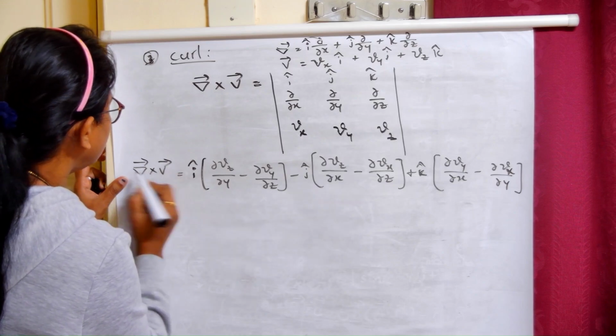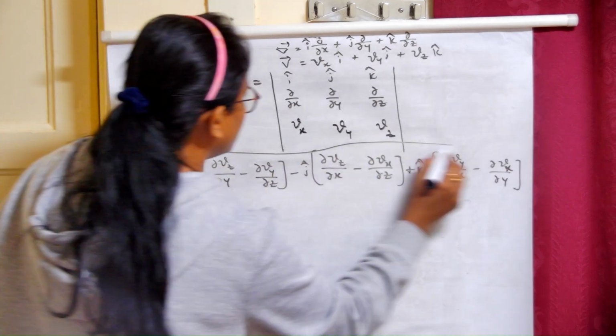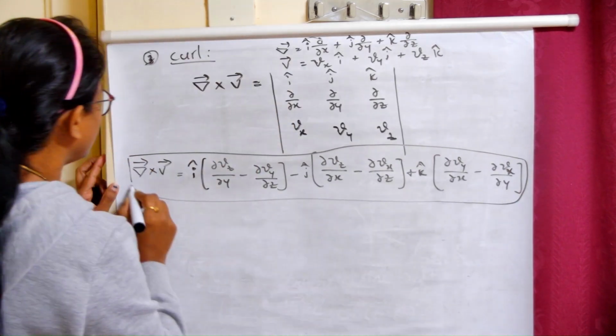So this is how we can find out del bar cross V bar. What is its physical interpretation? What does it mean?